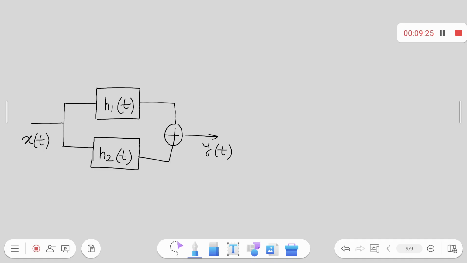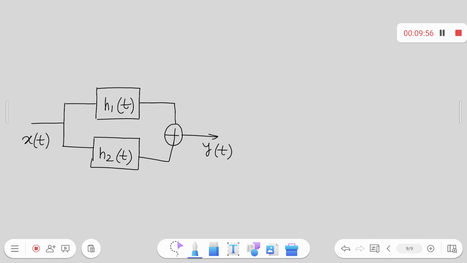So what we have over here is the signal x(t) and a combination of two systems, h1(t) and h2(t), in parallel. The outputs of these two systems are added together to find the final output y(t). Now, how can I find the overall impulse response of this system using h1(t) and h2(t)?